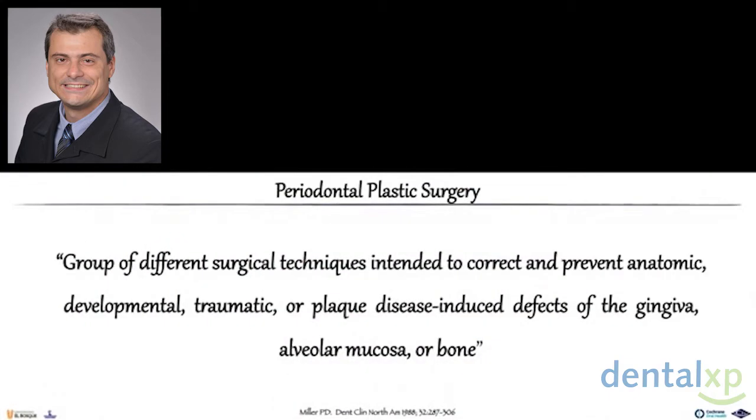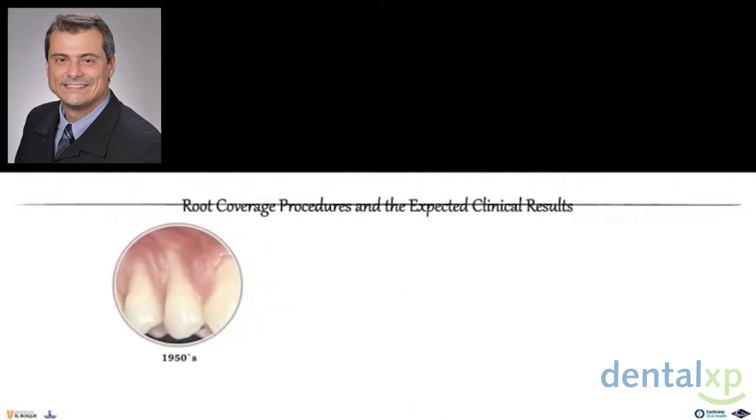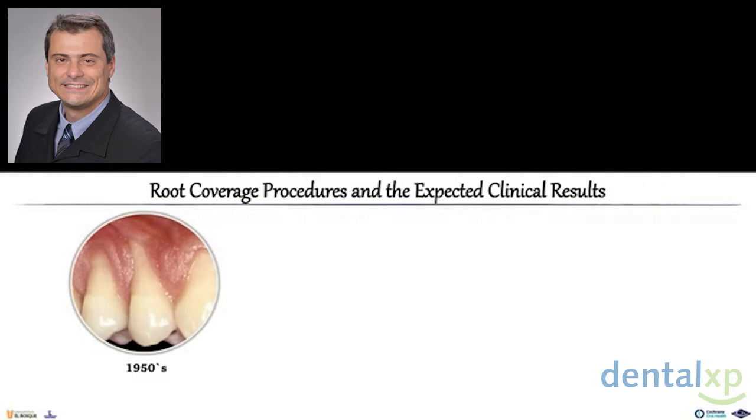Currently, the successful treatment of gingival recession is based on the use of clinically predictable soft tissue root coverage periodontal plastic surgery procedures. Basically, since the 1950s, four primary surgical techniques have been developed.